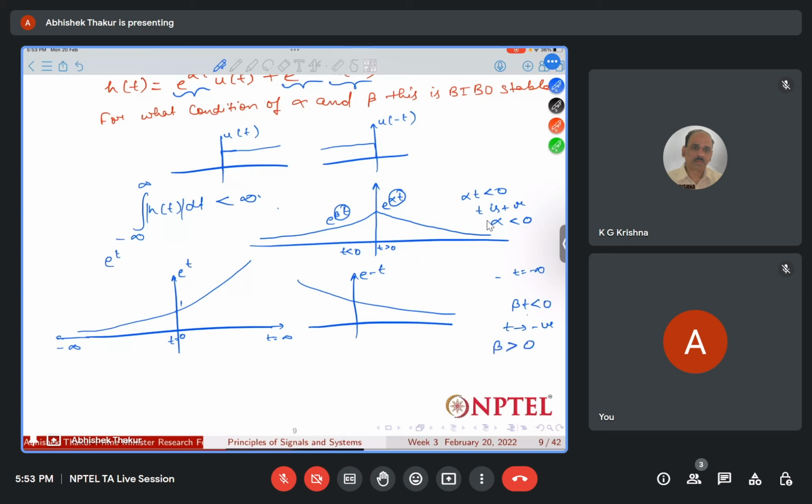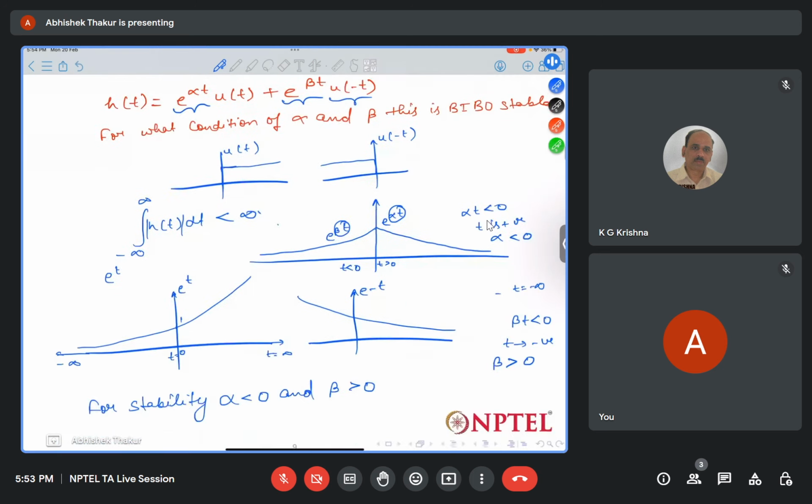Then only this beta t combined will be negative. So for stability, alpha should be greater than 0, and sorry, alpha should be less than 0, and beta should be greater than 0.